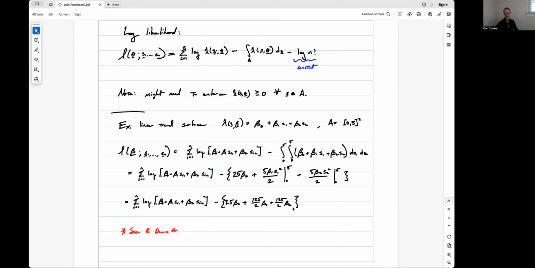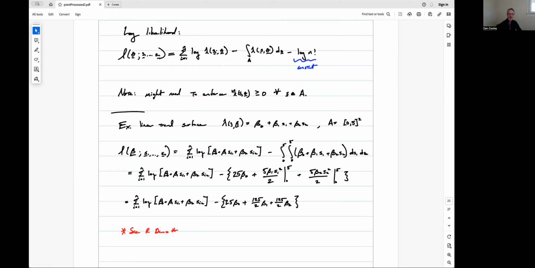So I have this note that says, when we jump to a parametric form, what we're going to do is write our intensity measure as a function of our parameters. Here is our linear intensity model that we've assumed.